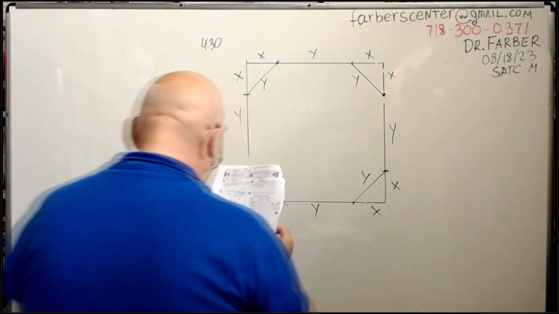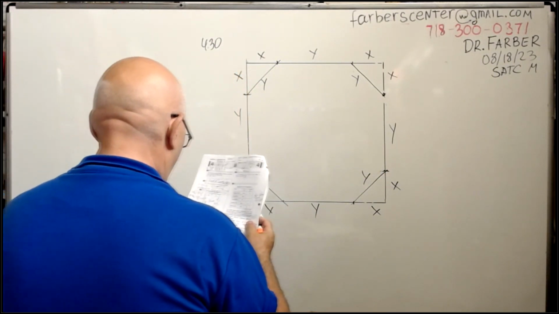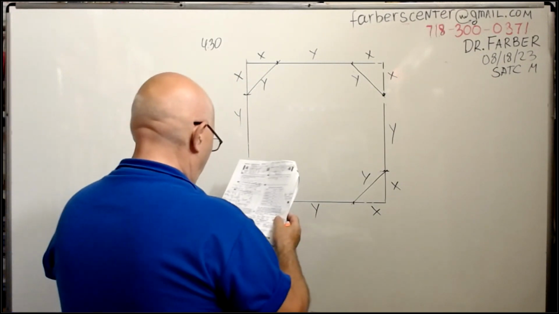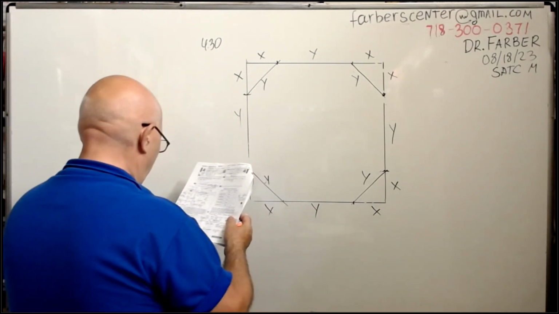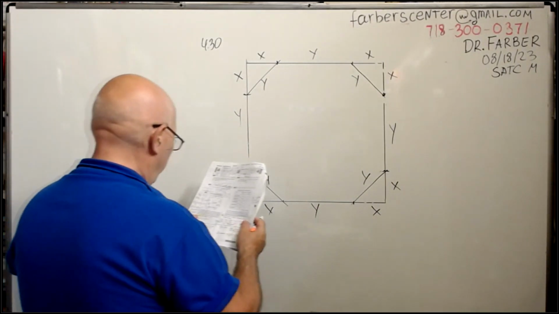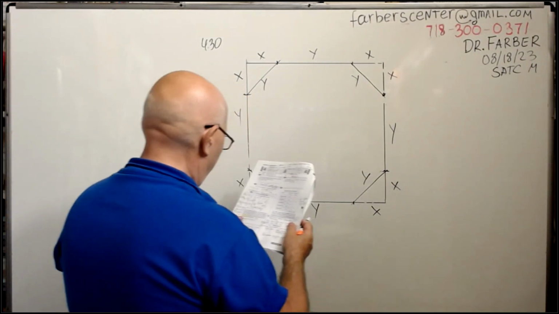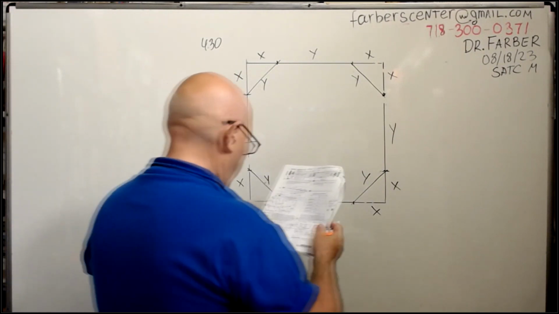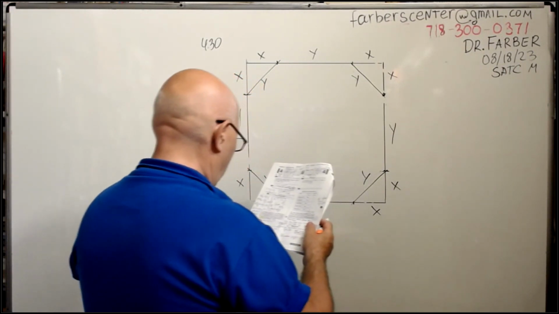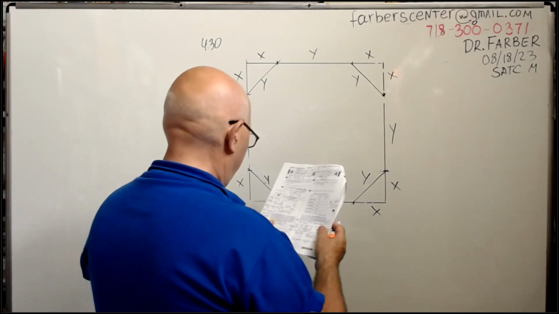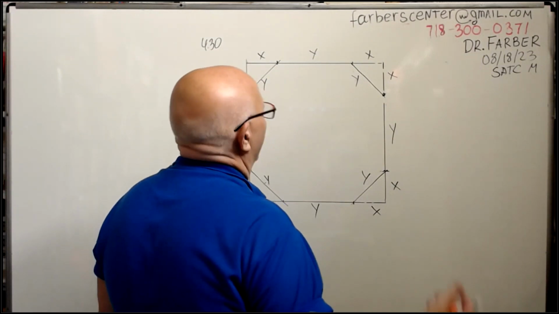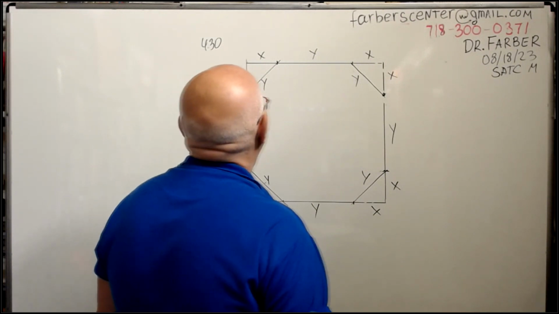And what do they ask you to find? If the total area of removed material is 196, what is the perimeter in centimeters of the octagon? Well, how to find the area of removed material? Easy.